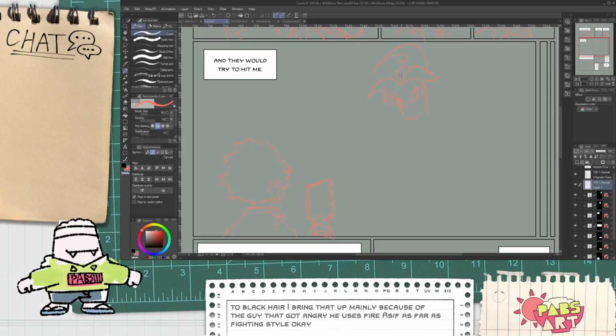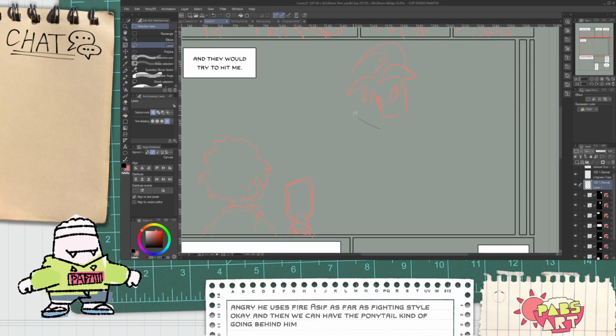Okay, and then we can have the ponytail kind of going behind him like this.